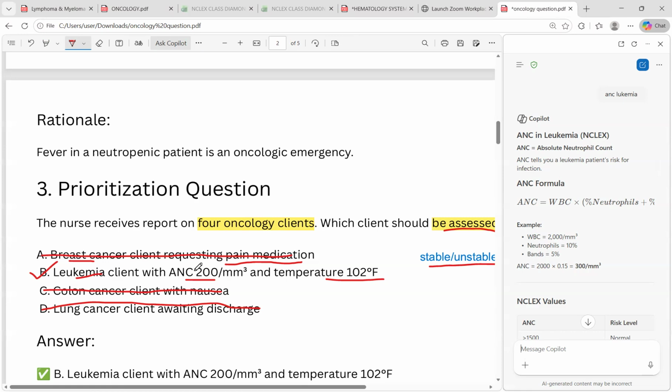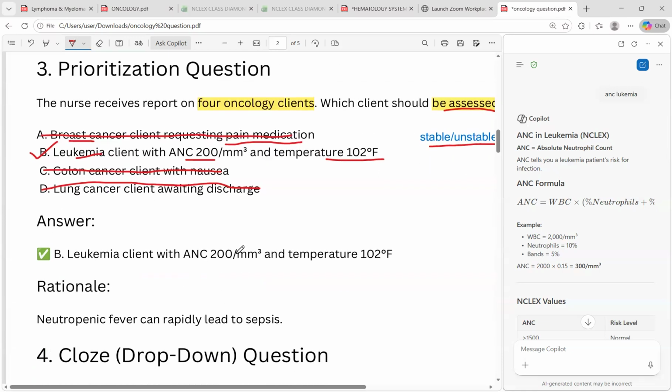Here the absolute neutrophil count is 200 only, along with fever, indicating the client is in a stage of neutropenia plus fever. So the leukemia client with fever and severe neutropenia has a risk for developing sepsis. Temperature always indicates some sign of infection; here temperature with neutropenia indicates neutropenic sepsis.